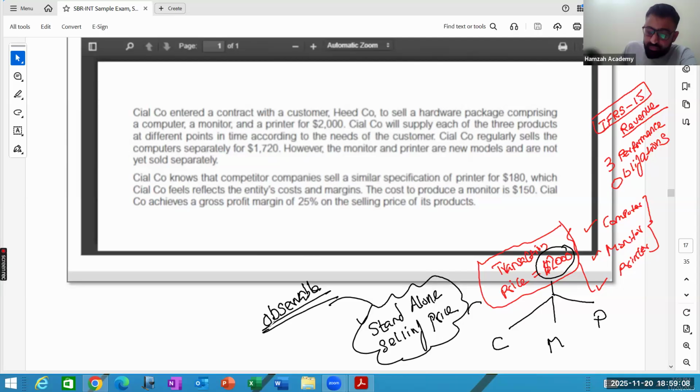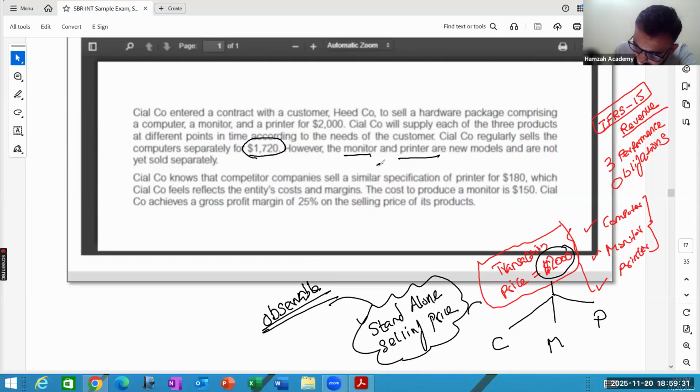The problem is that only the computer's stand-alone price is observable. The stand-alone price of the monitor and printer is not directly observable.